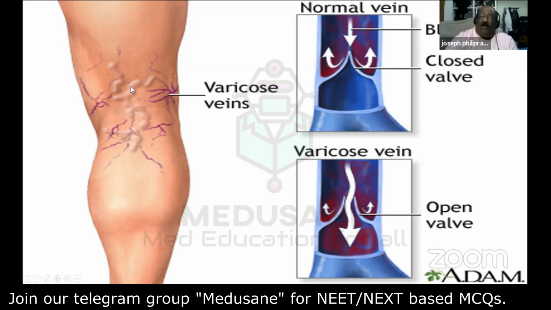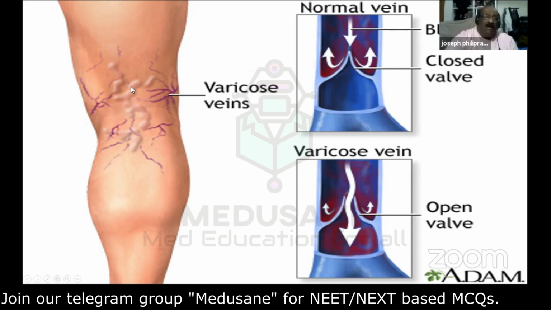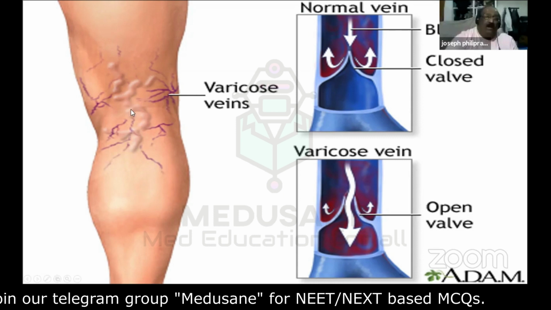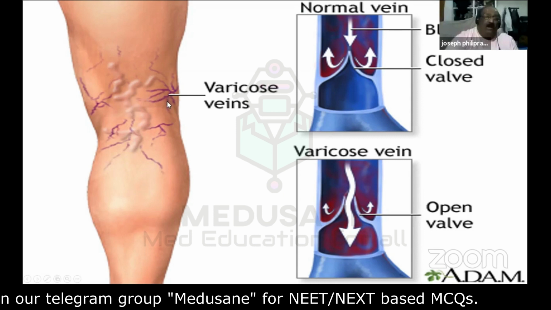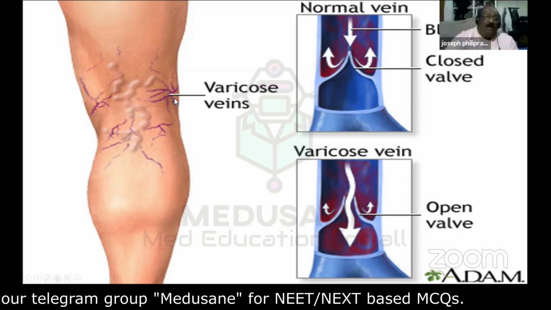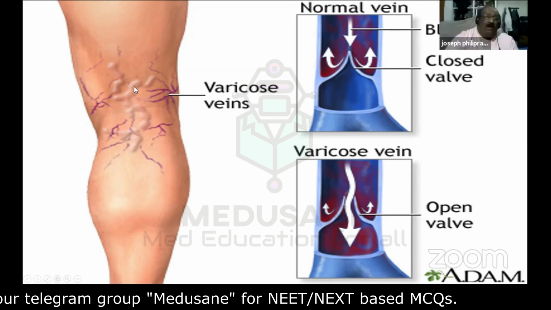Now look at this. These are all nicely distended tortuous veins. These are smaller in size, but they have a spidery appearance. These are known as telangiectasia, whereas these are known as varicose veins.